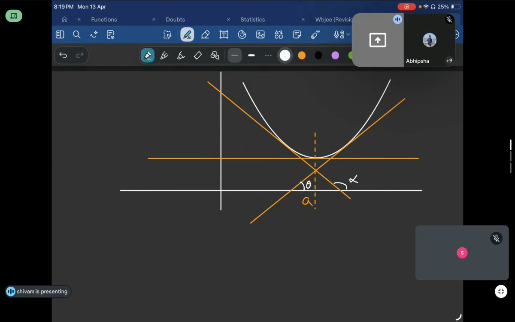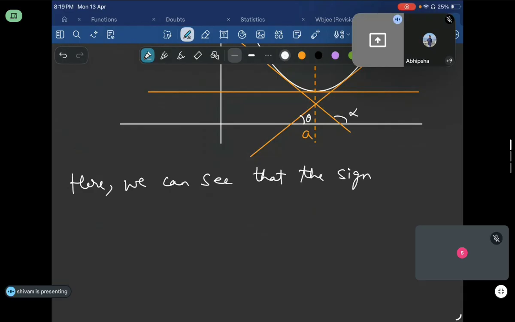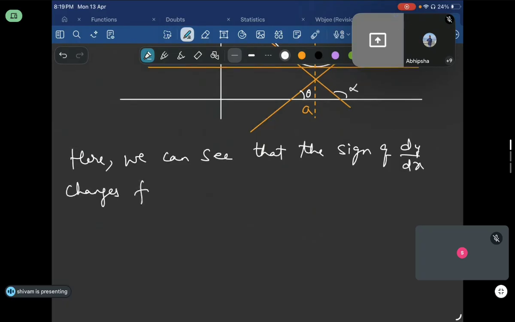So here we can see that the sign of dy by dx changes from negative to positive about a point a.